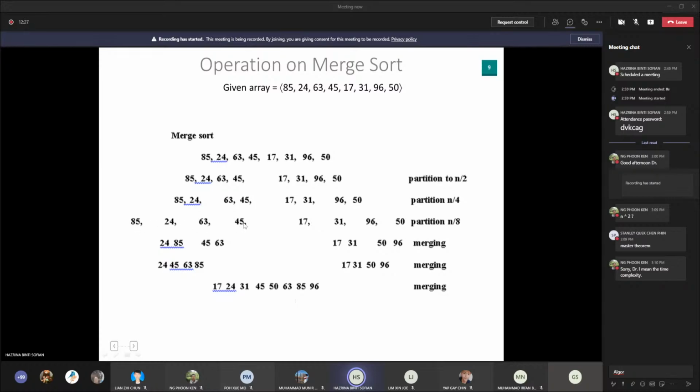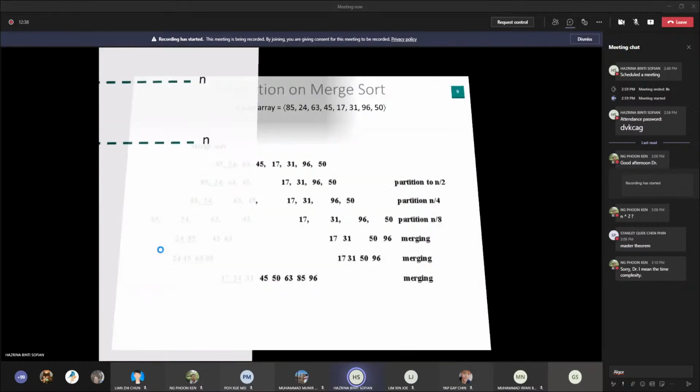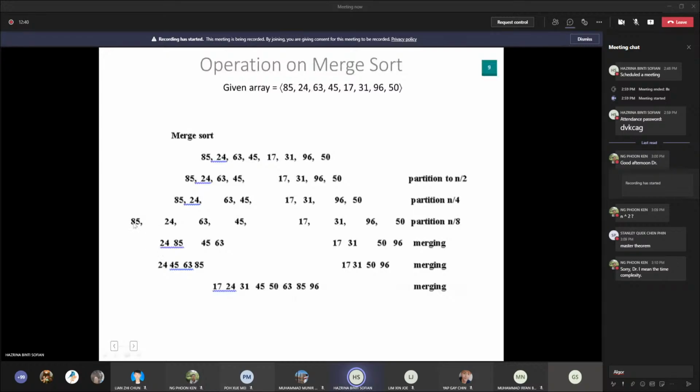Okay. Then after it reaches the base case, it will do the conquer and combine, where 85 we compare with 24. Since 24 is smaller, we swap the places.